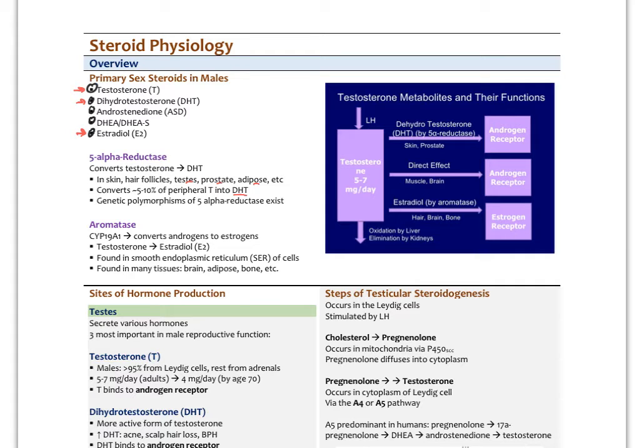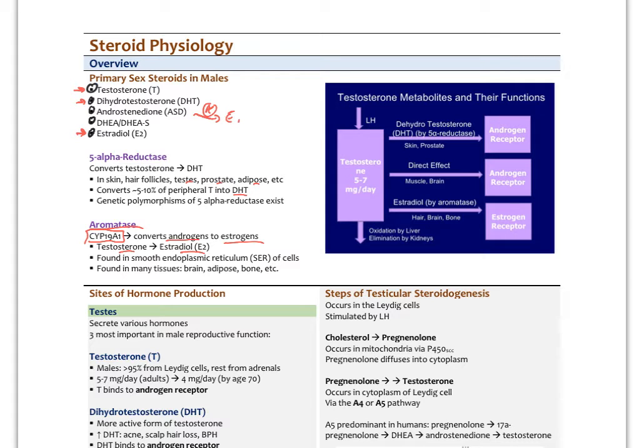Testosterone can also be converted into estrogen, estradiol, and that is via aromatase, which is a CYP450 enzyme. 5-alpha reductase is not a CYP450, but aromatase is, and this converts androgens to estrogens. Specifically, it converts testosterone to estradiol, or androstenedione can be aromatized to estrone, E1.